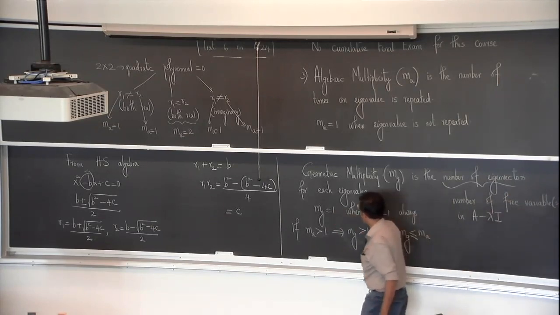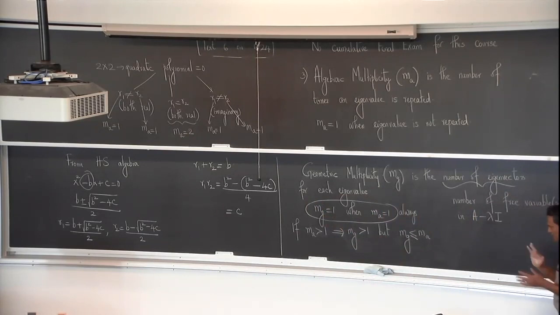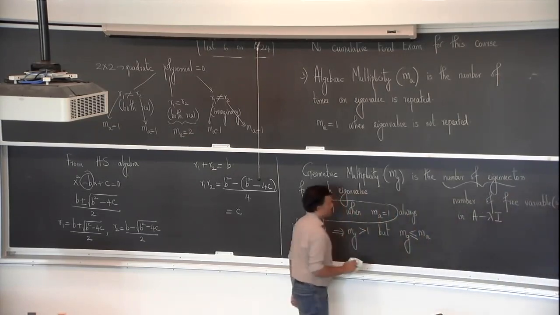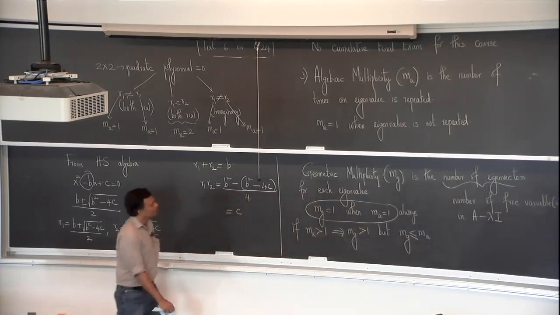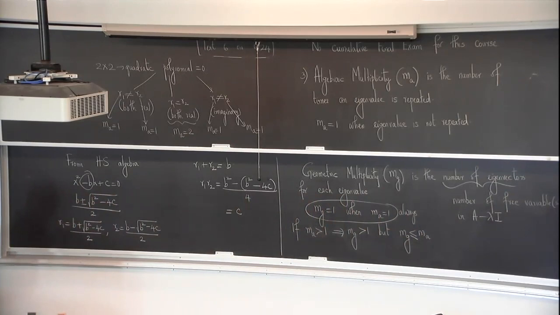Once again, there should be no surprise here. If there is no repeated eigenvalue, the geometric multiplicity is always 1. So write those two things carefully. Those occur frequently in all the problems that you'll be doing. It's a very simple detail. You just need to look at what you have done and count the number of things, but don't confuse the two things.